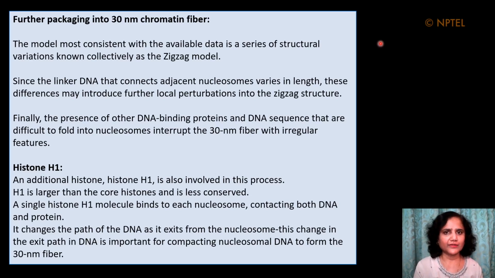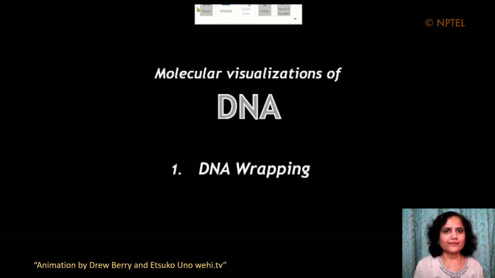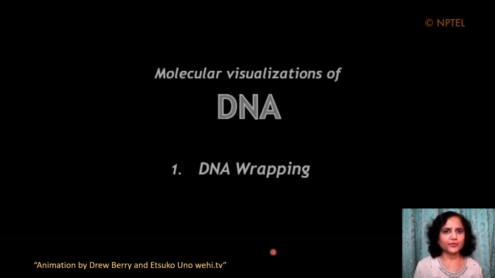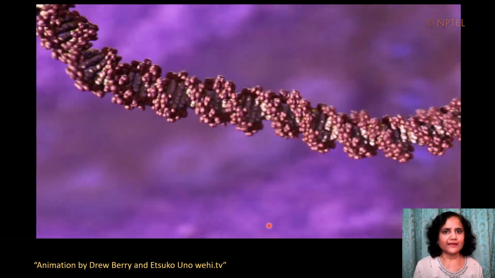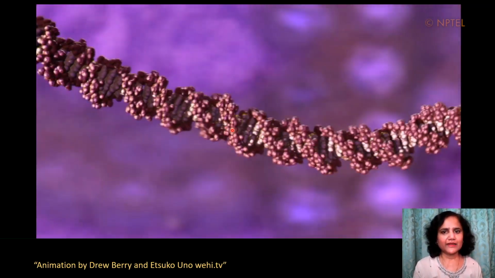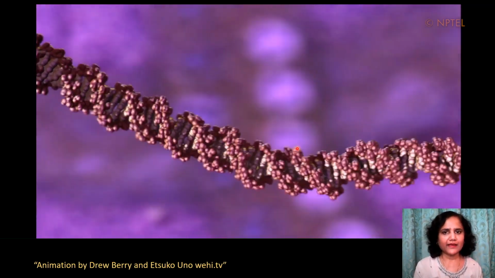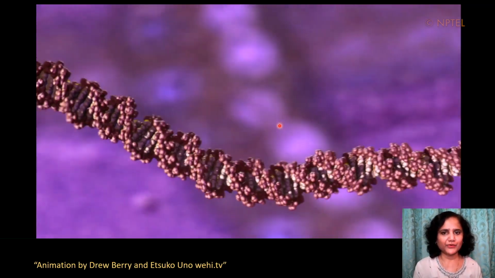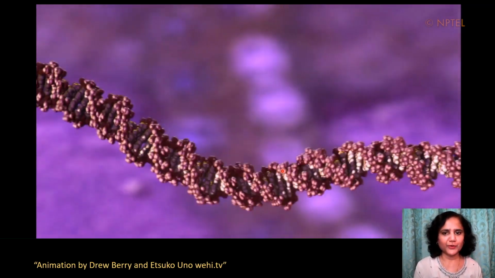nanometer fiber assembly. Now, in this animation by Drew Berry and Etsuko Uno, we will see how the DNA is wrapped around the histone proteins. Here you can see the double helical DNA assembly, and in the background you can see nucleosomes, a sort of blurred view.